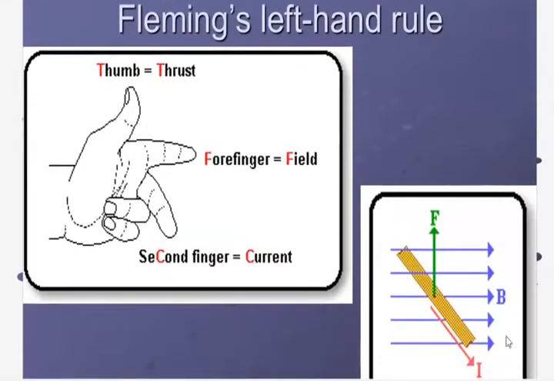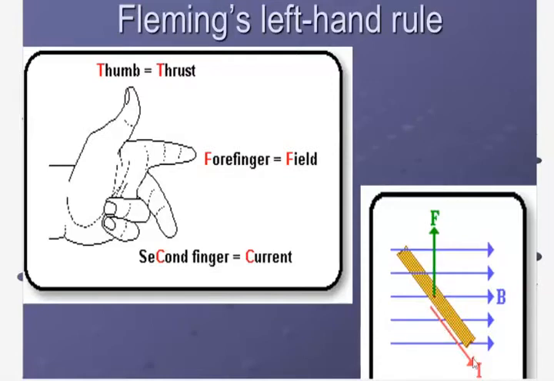Look here: you place your middle finger along this length like this, and your forefinger in this direction. Then your thumb will be in this direction, that is, your thumb will give the direction of force acting on the current carrying conductor. It means this conductor would experience a force in this direction.